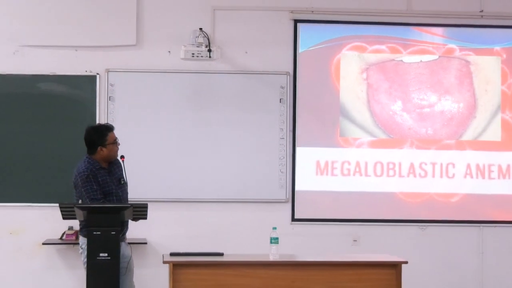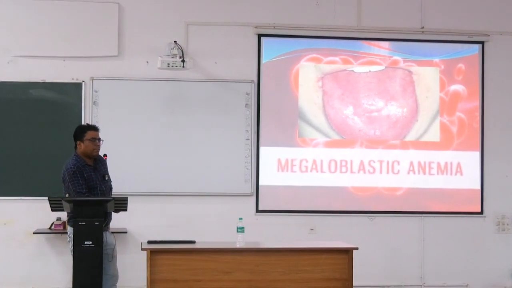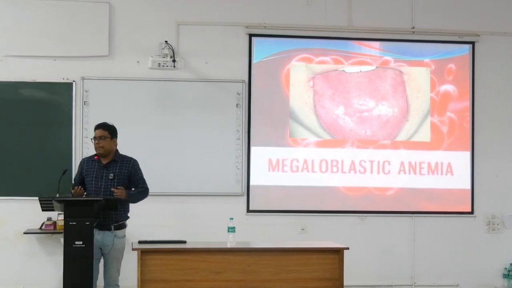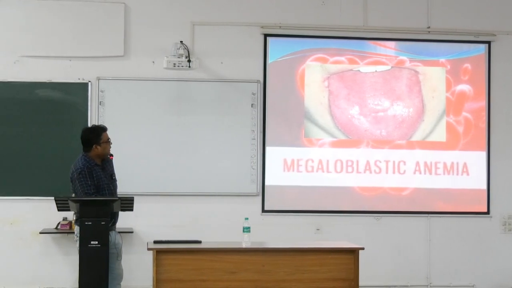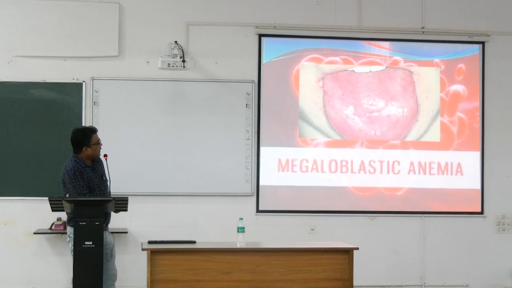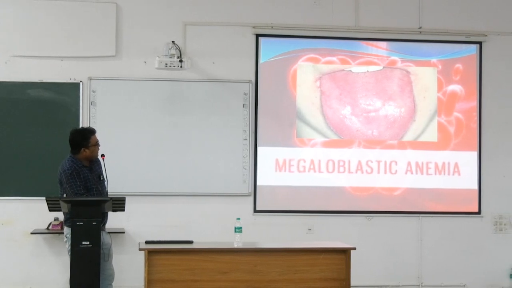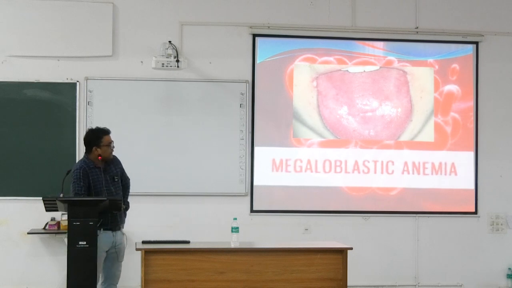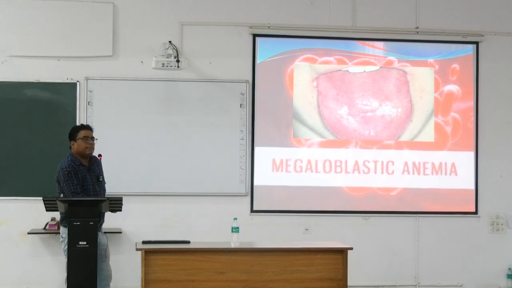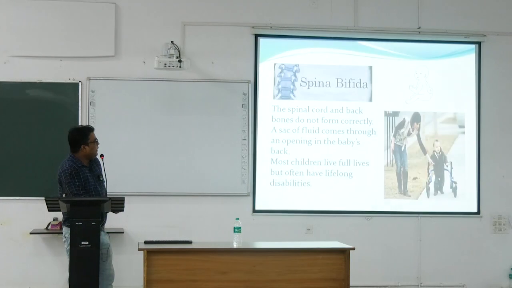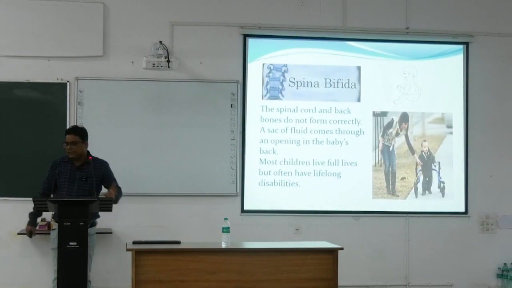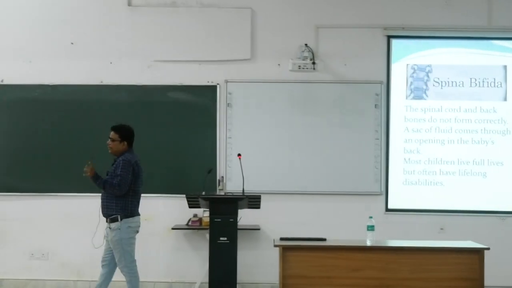These are the primary symptoms of anemia. In a patient with megaloblastic anemia, you will see redness of the tongue, and around the lips there is cheilosis. Such redness is a major symptom of megaloblastic anemia.